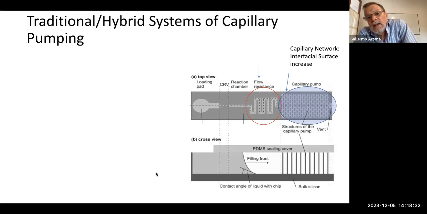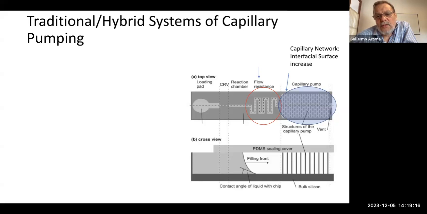You may classify capillary systems or networks into two large groups. One group is in which the flow is in closed channels, and there's another one in which there's no cover, and you have an open channel for flow. What I will refer to are those in which you have closed channel flow.